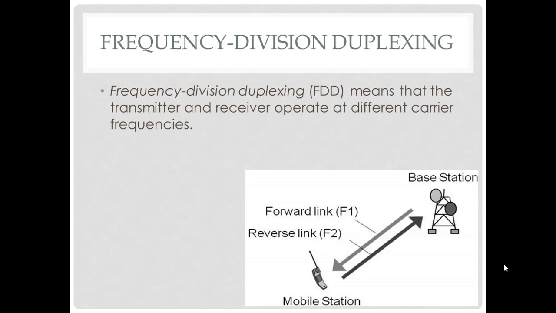The next one is frequency division duplexing. Frequency division duplexing is a technique where the transmitter and receiver operate at different carrier frequencies.